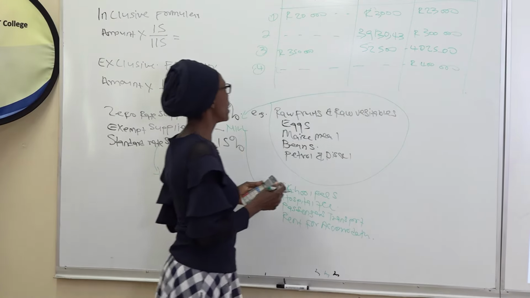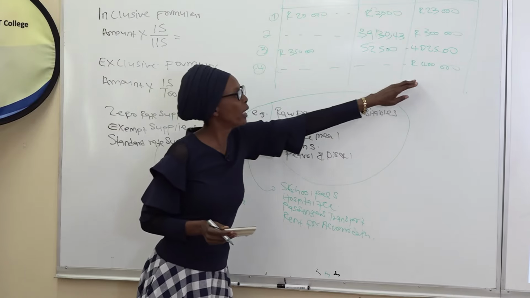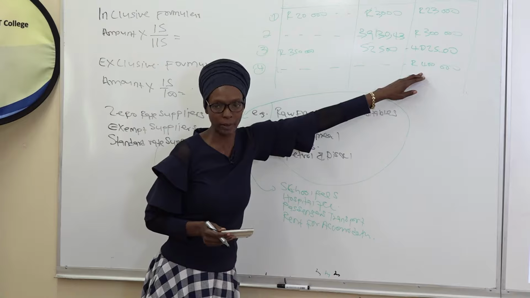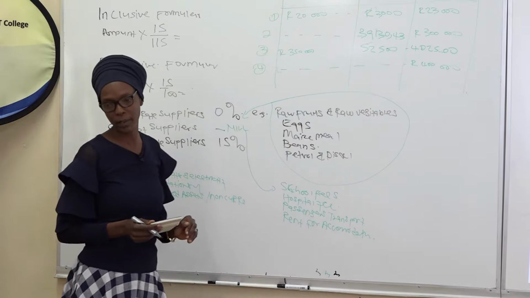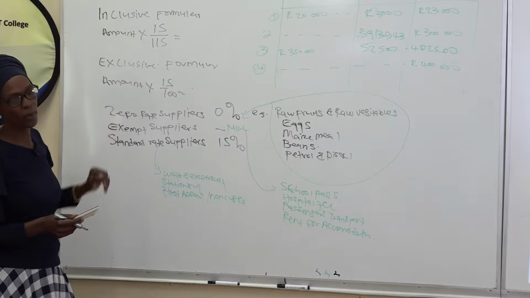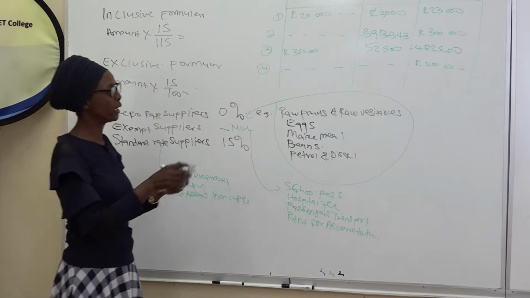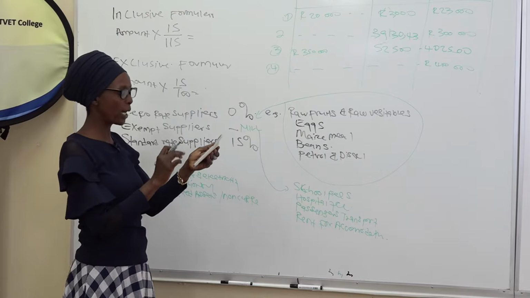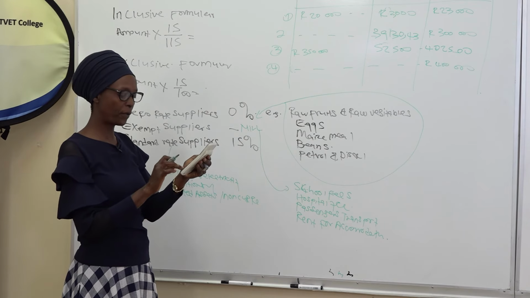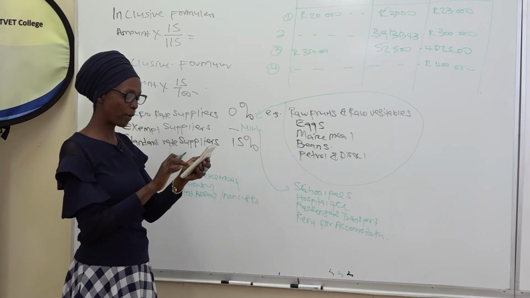Then the last amount, we have been given an inclusive amount of 400,000. We have to calculate VAT, and we must use the inclusive formula. Then the inclusive formula says 400,000 multiplied by 15 divided by 115.